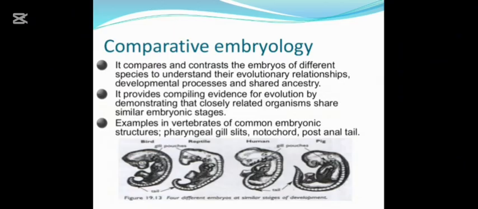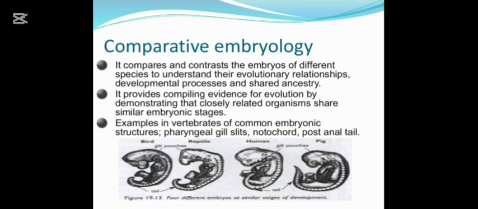Now we're going to look at another aspect that shows that evolution really occurred. We're trying to see how these different studies prove the occurrence of evolution, whether it is occurring currently or occurred in the past. Comparative embryology compares and contrasts the embryos of different species to understand their evolutionary relationships, developmental processes, and shared ancestry.